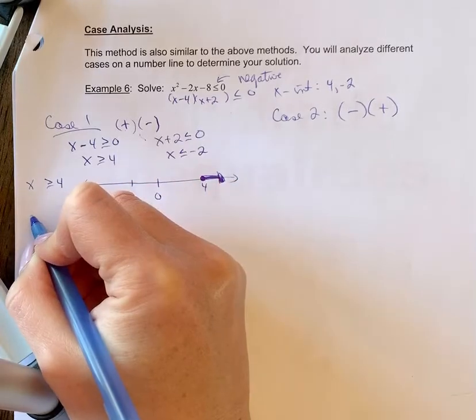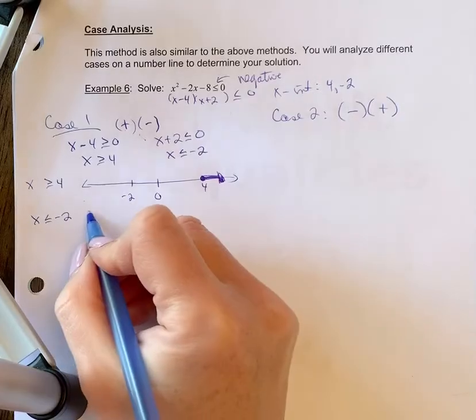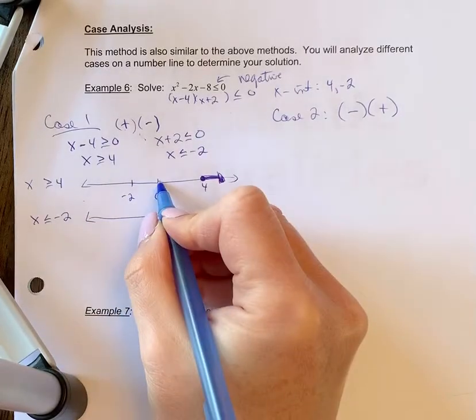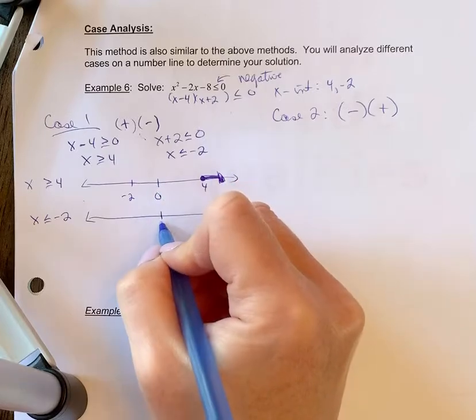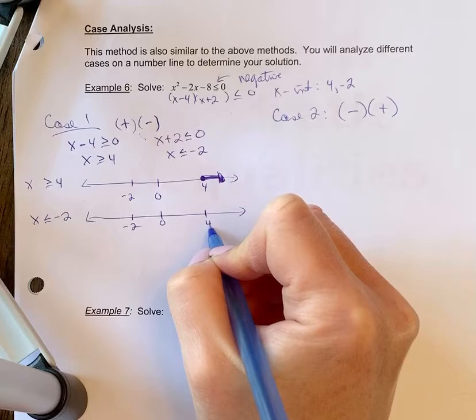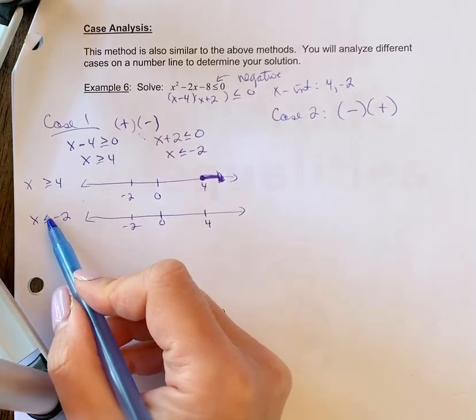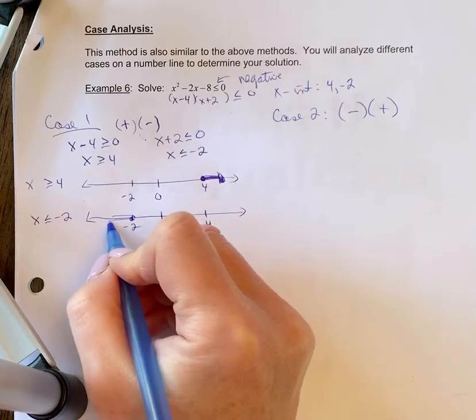Okay, to show x is less than or equal to -2, I draw my number line. You want to line up your number lines because you're going to do some comparison and overlap. So you want the zeros lined up perfectly. Then when I shade x is less than or equal to -2, it's going to be over here.